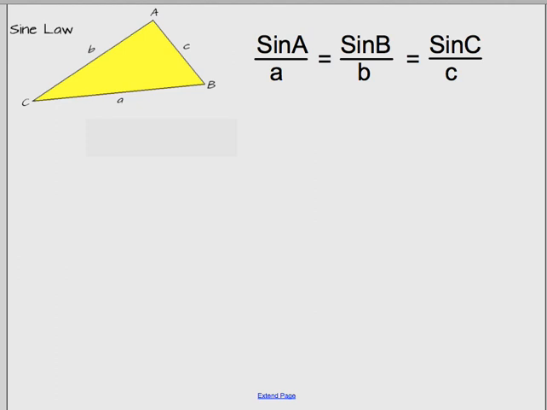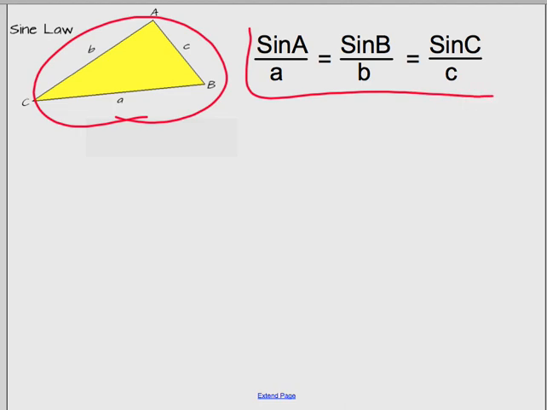Here's the sine law, and again, there's the picture that was on the previous page, and here is the formula. It's the easiest formula to use in all of math, because you simply find an angle, take the length of its opposite side, and that's all there is to it.